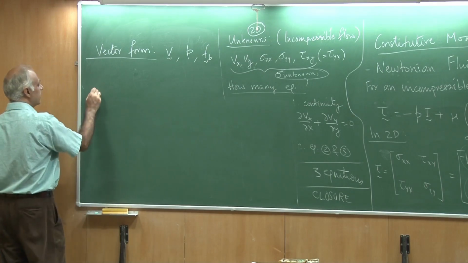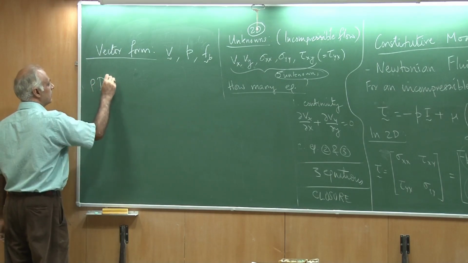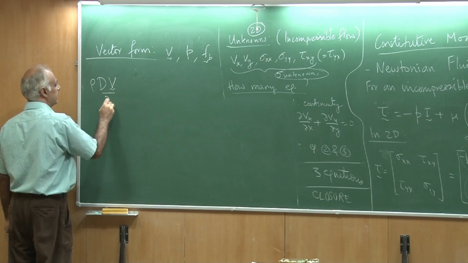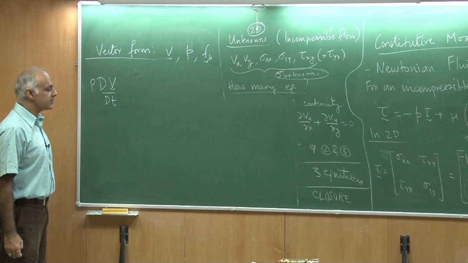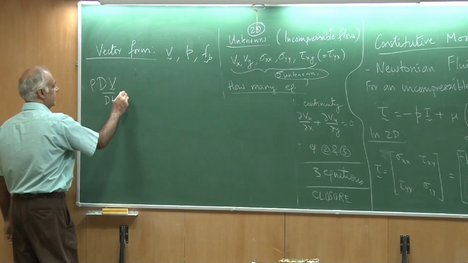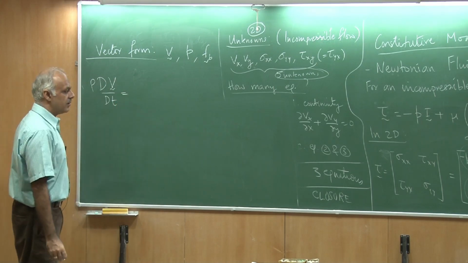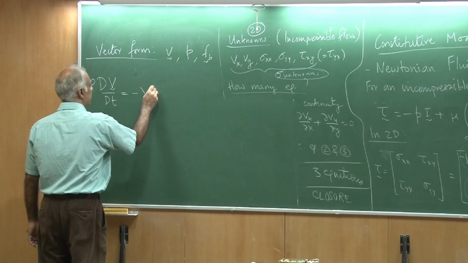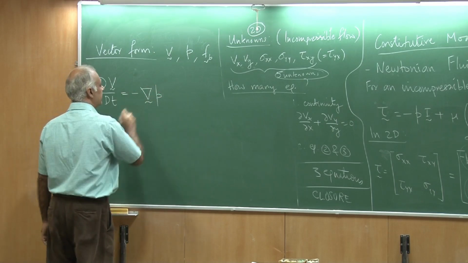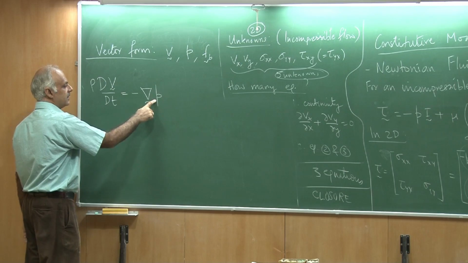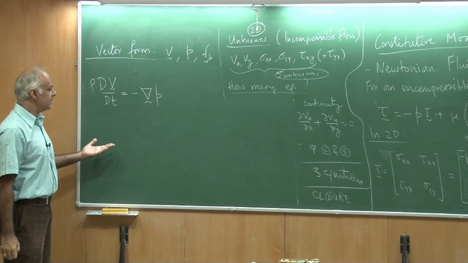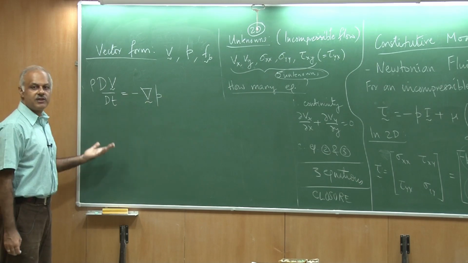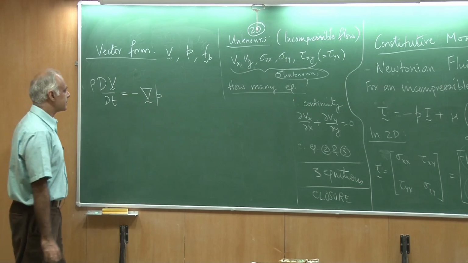And I could write down the equation as the following: rho dV dt. This is the total derivative of the velocity, so that is the acceleration. This is given as minus gradient of P. So this becomes the derivative of P with respect to x for the x momentum equation, the partial derivative with y for the y momentum equation, and so on.